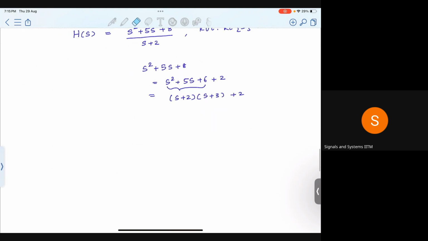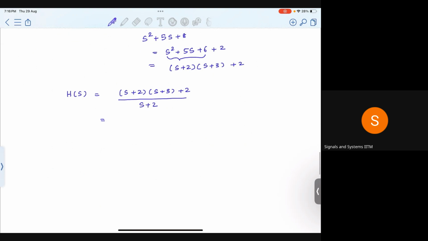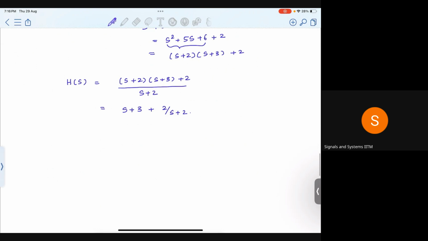Hence we have H of s is equal to (s plus 2)(s plus 3) plus 2, by s plus 2, and what you have is s plus 3 plus 2 by s plus 2. And from here we know, right?